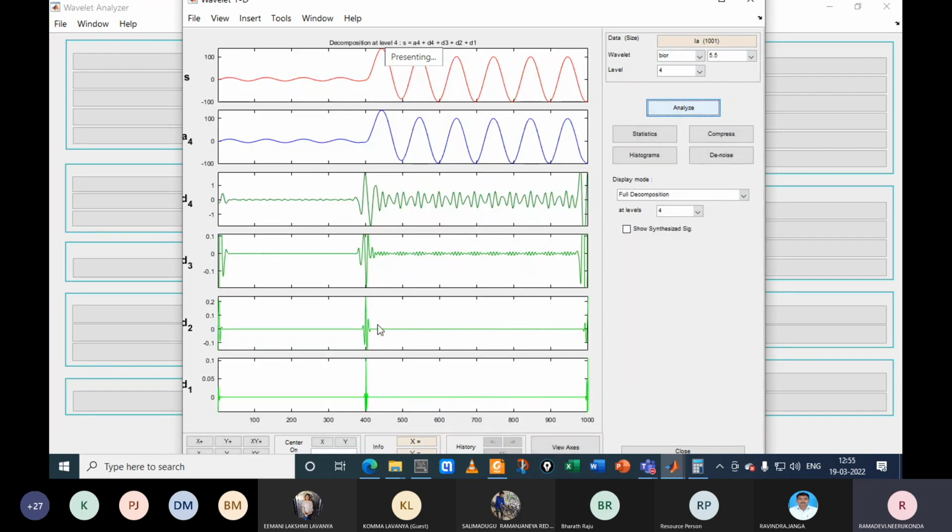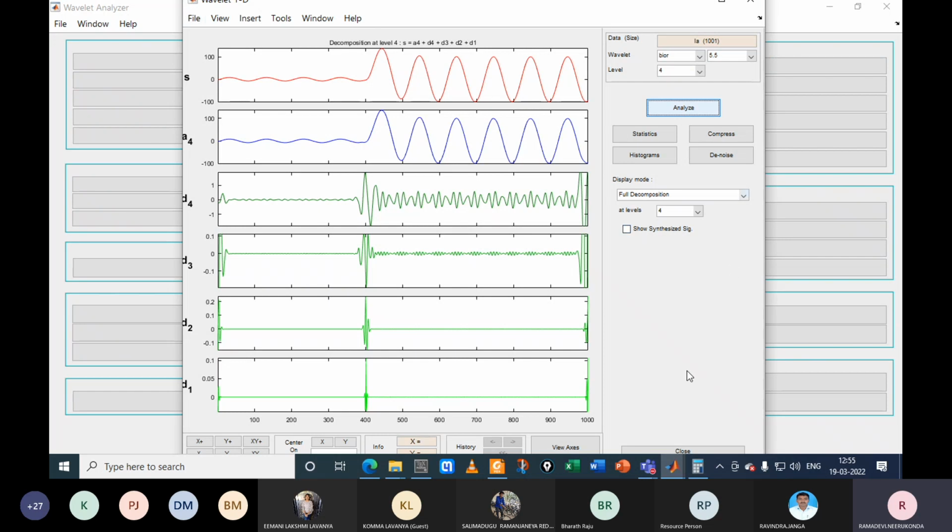So this is the detail level coefficient without injecting any noise into the simulated circuit. So without noise, the detail level coefficient sharply gives the value. It's given at the instant of 400. So per cycle, how many samples are created?